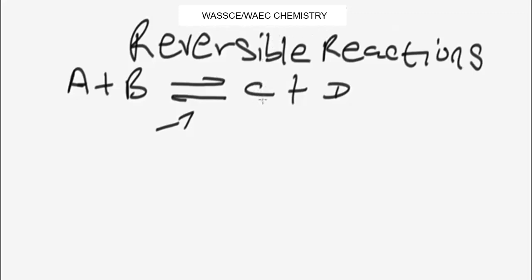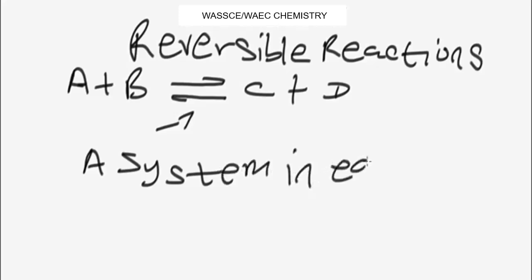Now, note that reversible reactions will reach equilibrium, and a system is said to be in equilibrium. We are looking at a system in equilibrium now.